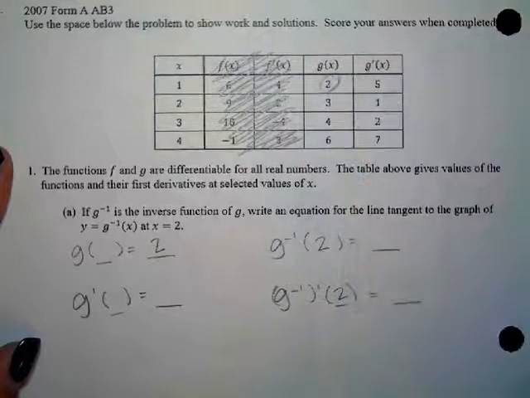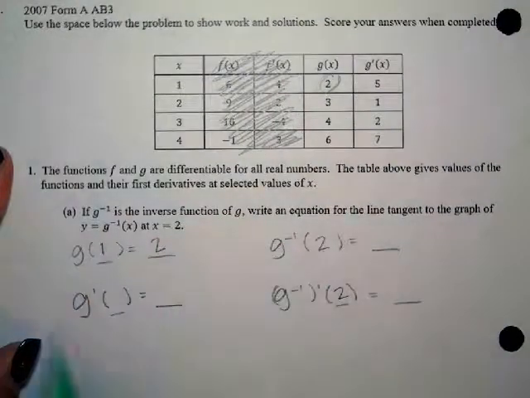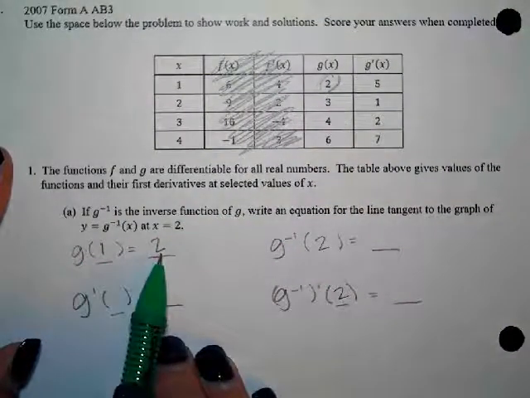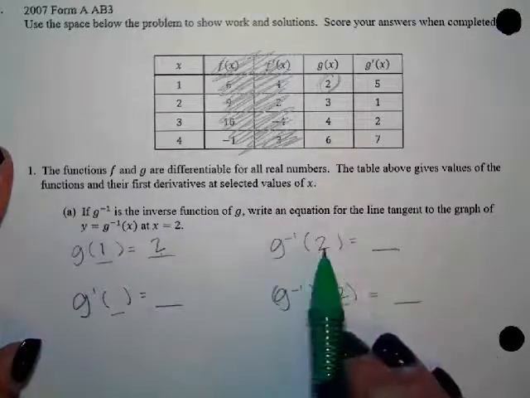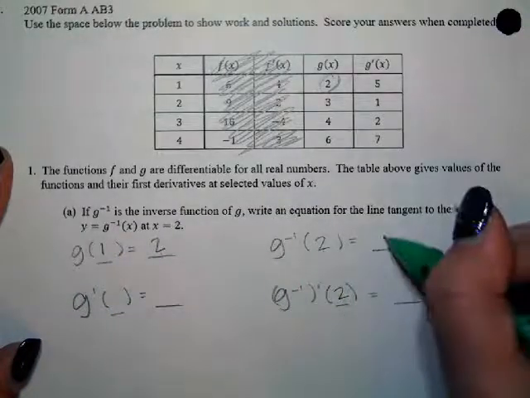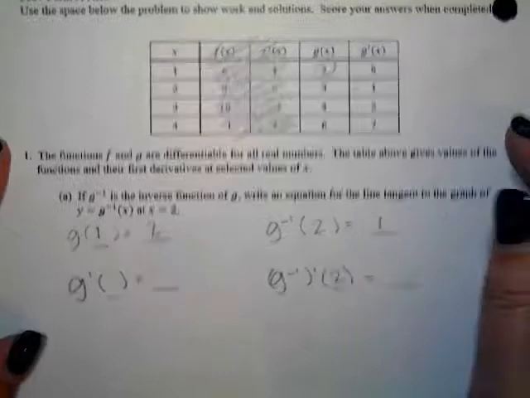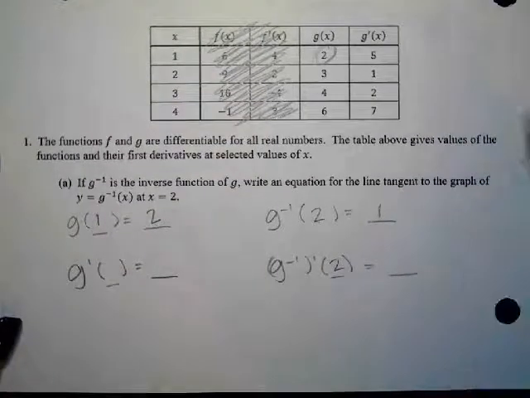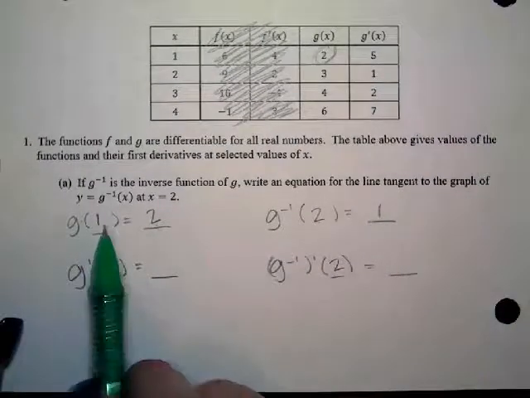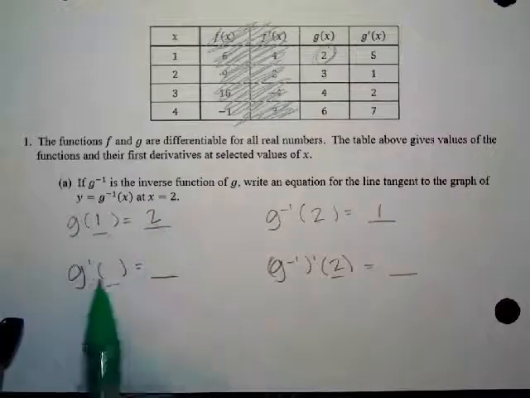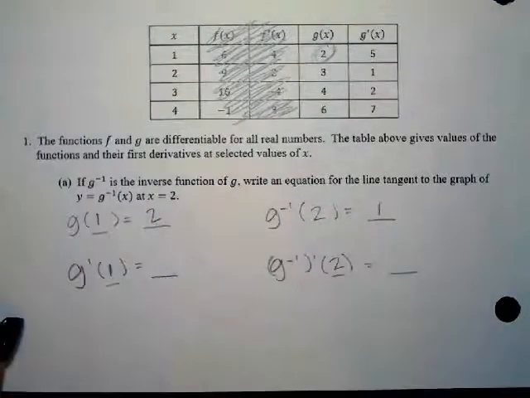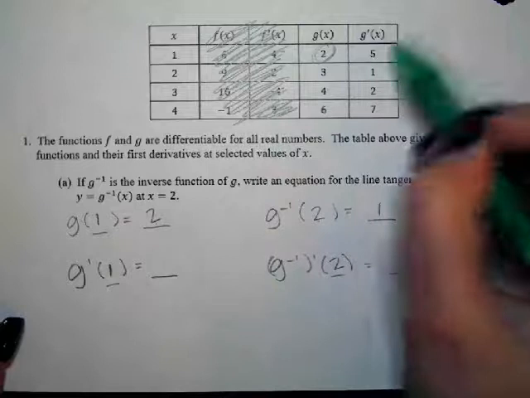Okay, so if I plug 1 in, I get 2. That means for the inverse, if I plug 2 in, I get 1. Okay, so that wasn't too bad. All right, now if it's g of 1 equals 2, then g prime of 1 equals 5.